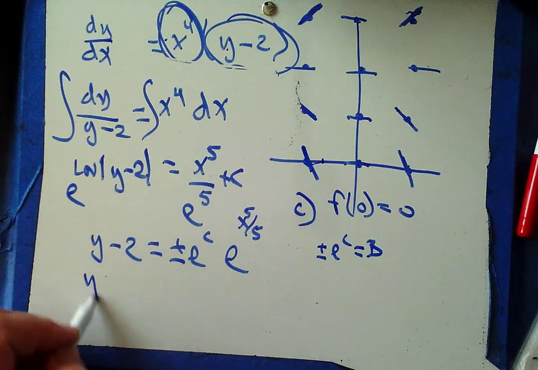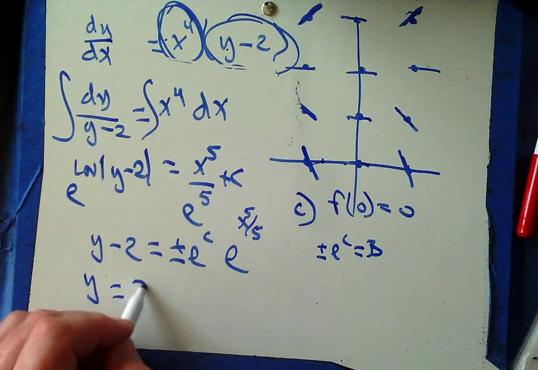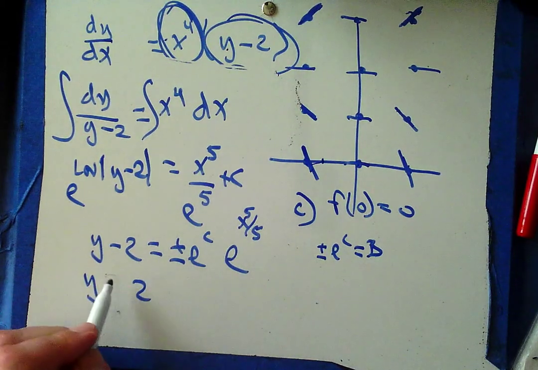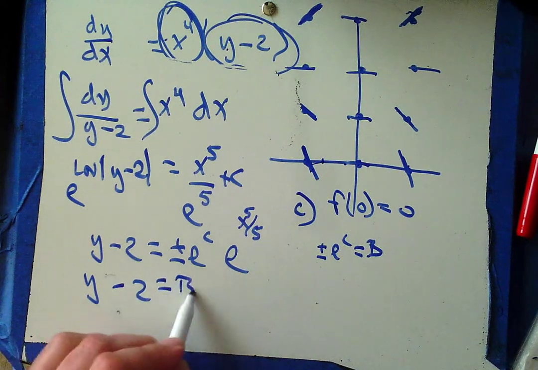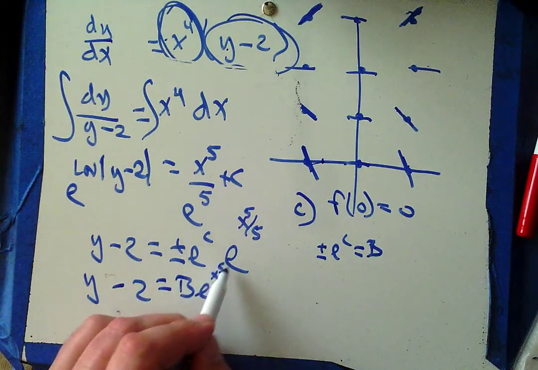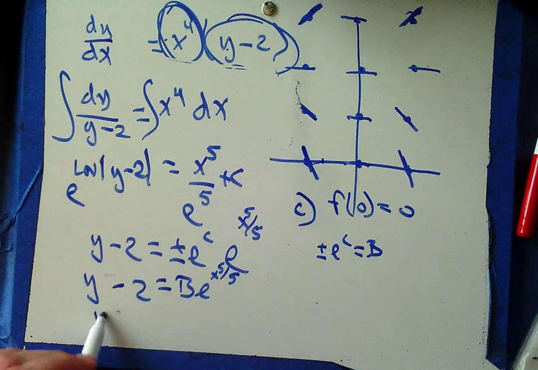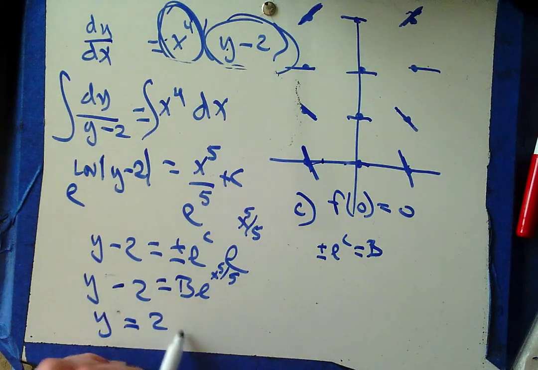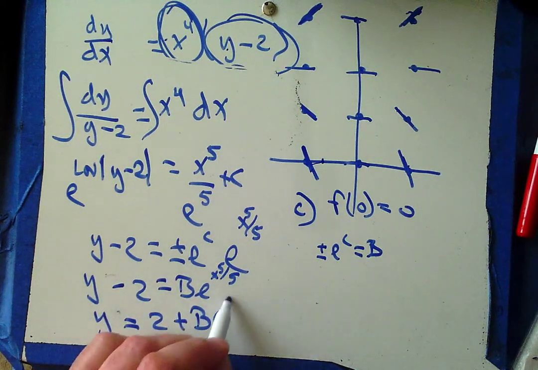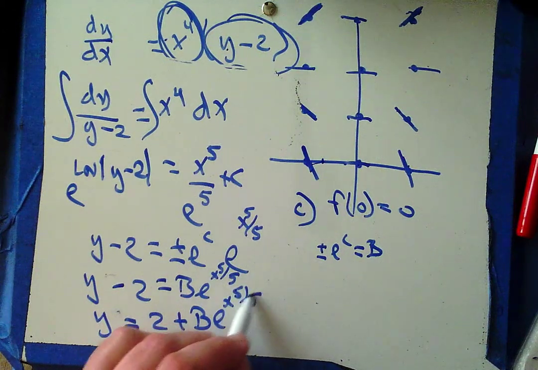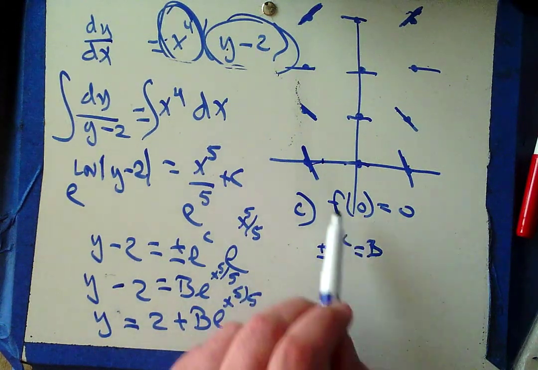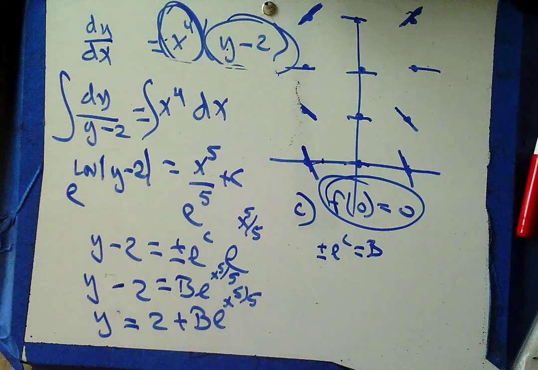So y minus 2 equals b e to the x to the fifth over 5, or y equals 2 plus b e to the x to the fifth over 5. Okay, now let's plug in our initial condition, 0, 0.